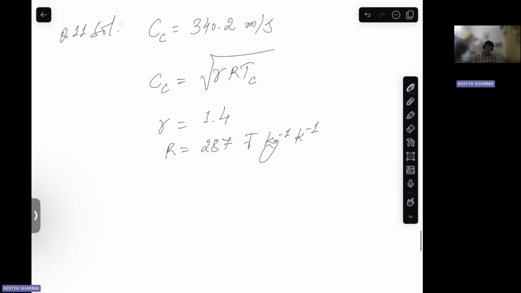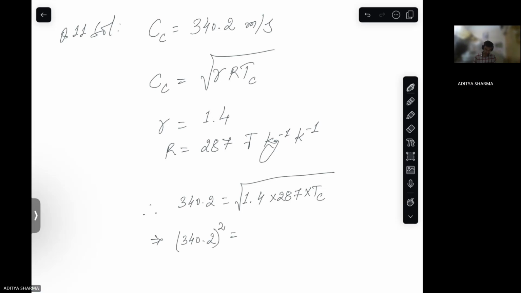So 340.2 is equal to the square root of 1.4 into 287 into TC.